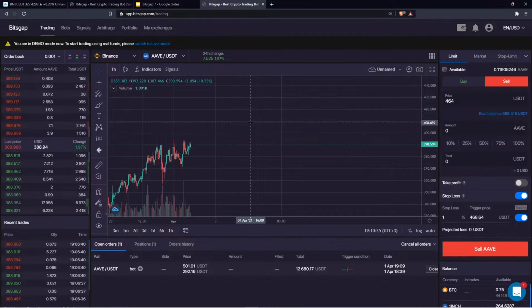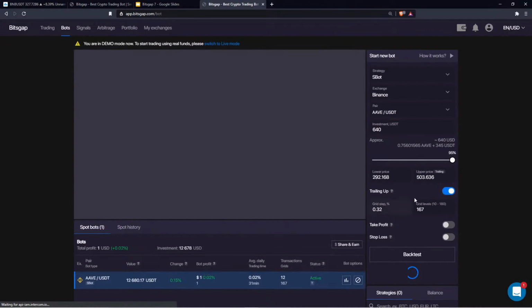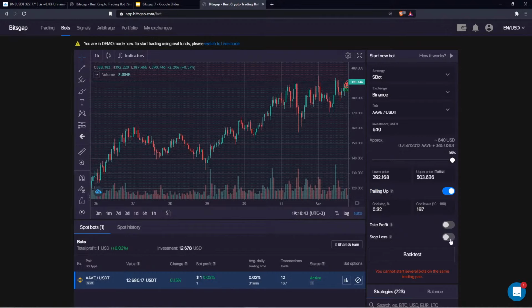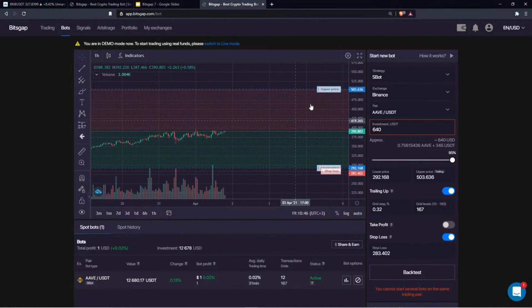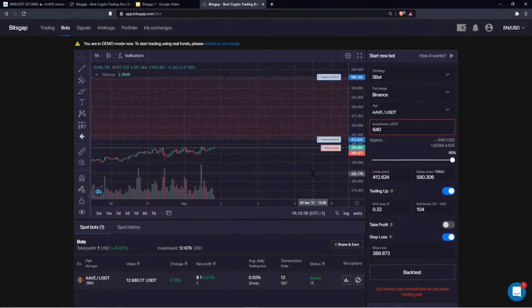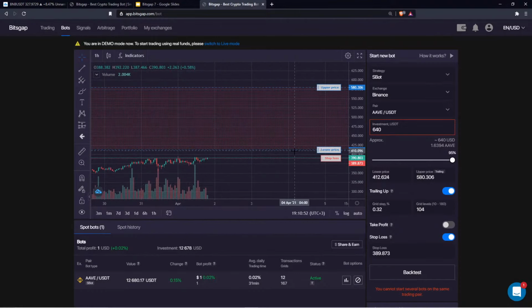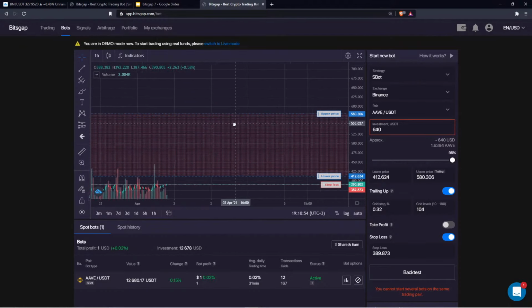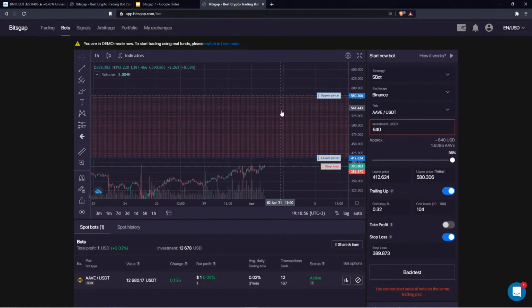Okay. And the same applies to the stop loss in automated trading. If you have both the trailing up and the stop loss, that means that the stop loss will follow the trading range, maintaining the gap. So it works the same way as it works in smart trading, when you have trailing up and stop loss both enabled.